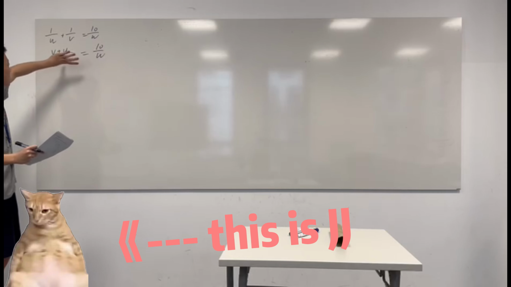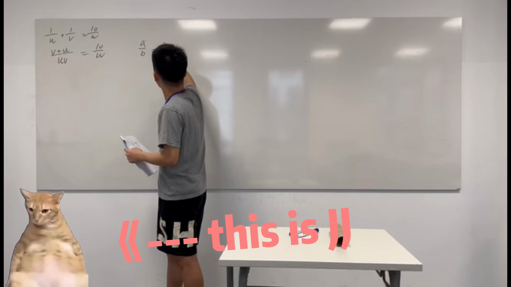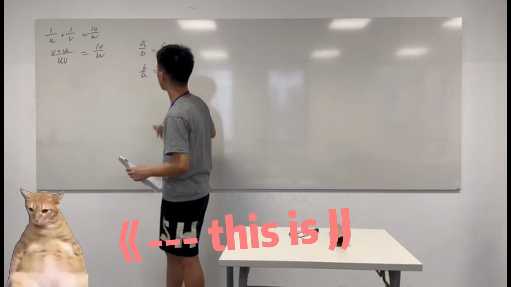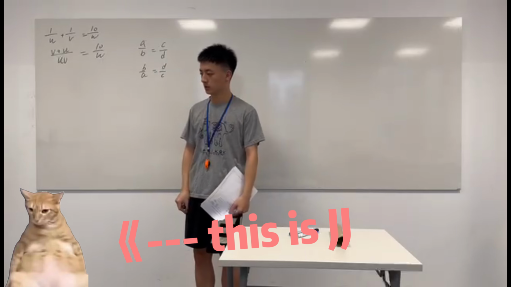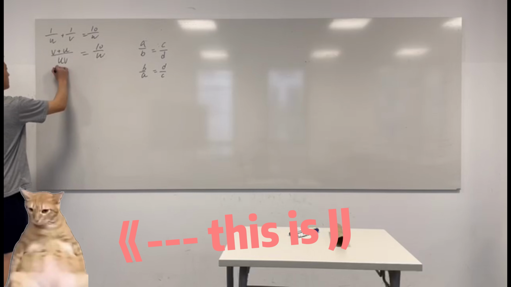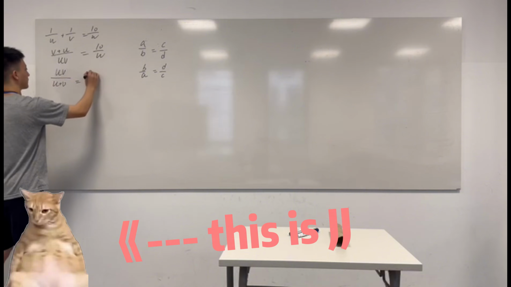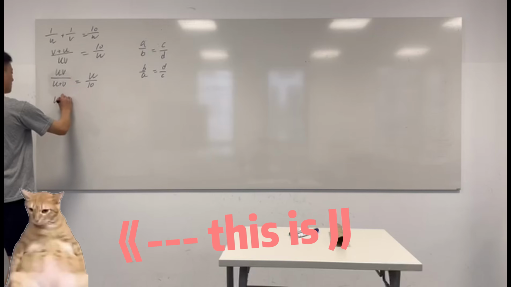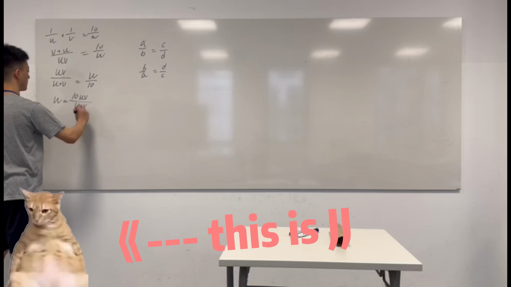The thing is, if a over b is equal to c over d, obviously b over a is equal to d over c. Does that make sense? It's like you rotate yourself 180 degrees. Therefore, w is equal to 10 times uv over u plus v.